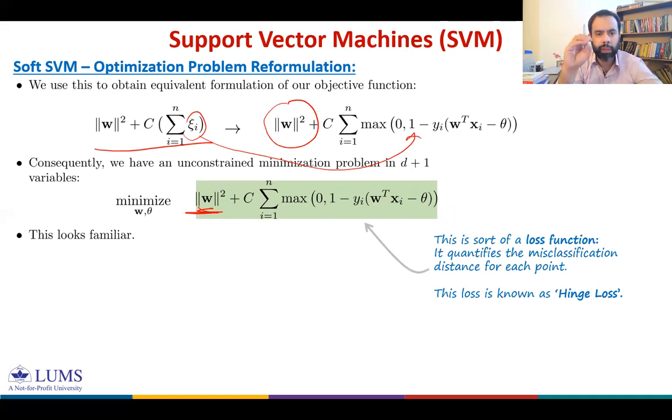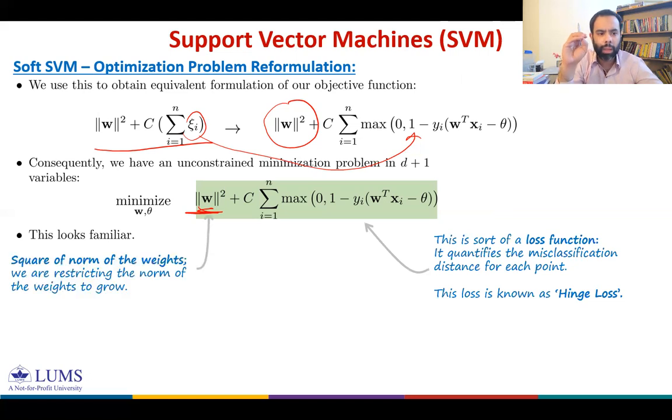And what do we have on the left side? The square of the norm of the weights. We are restricting the norm of the weights from growing. If you connect this with ridge regression or L2 regularization for logistic regression, this is in fact L2 regularization.